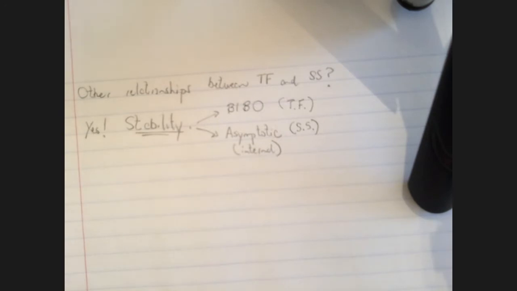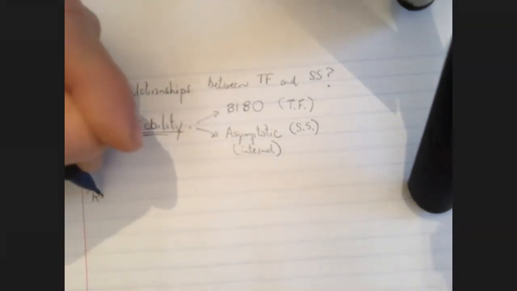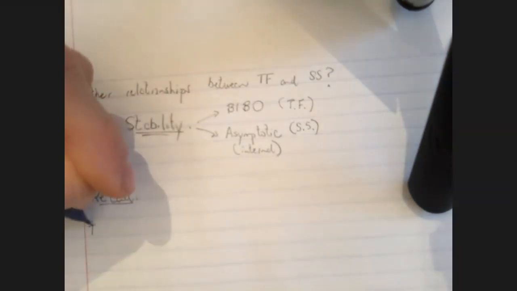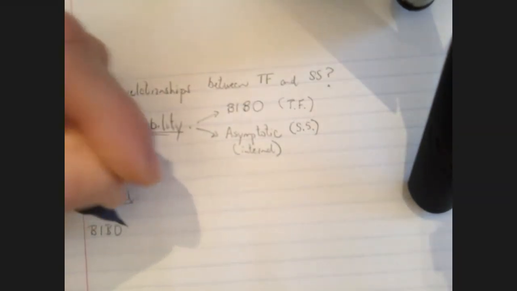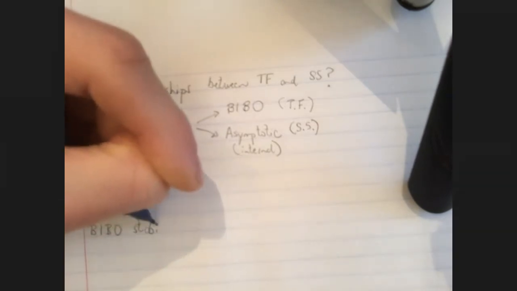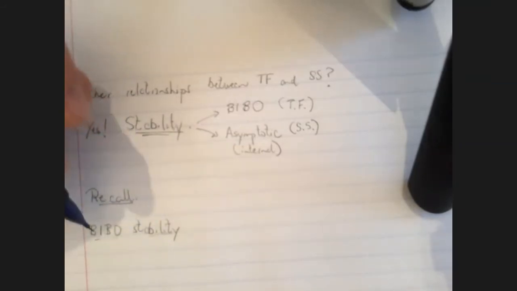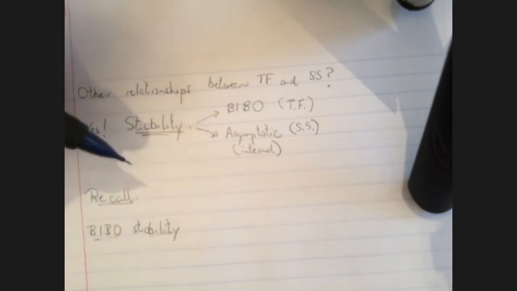Just as a quick reminder, recall BIBO stability. The concept was that a system is BIBO stable if, for a bounded input, you can guarantee that the output is going to be bounded.